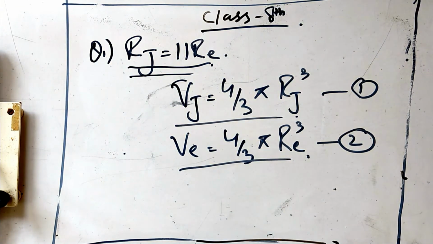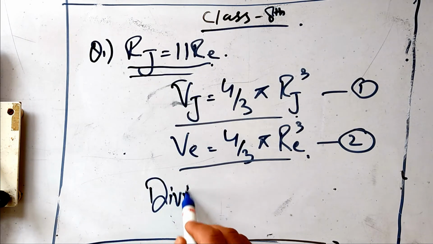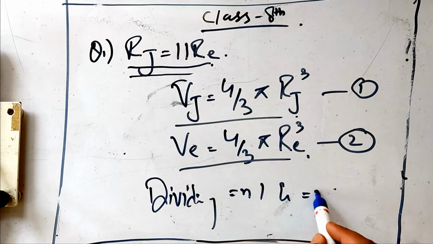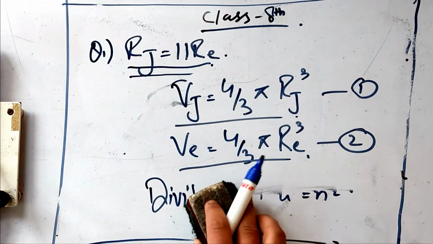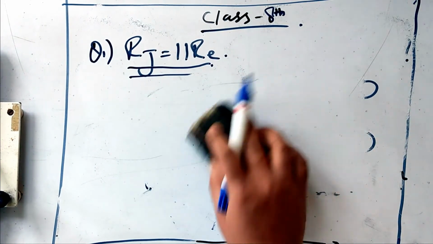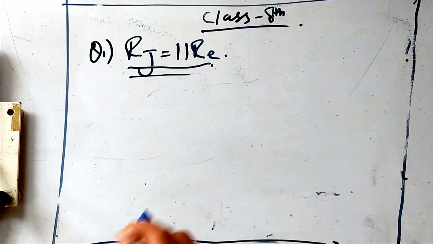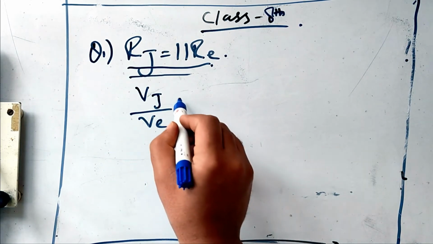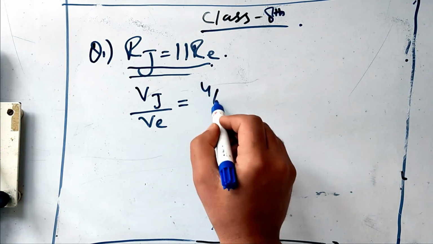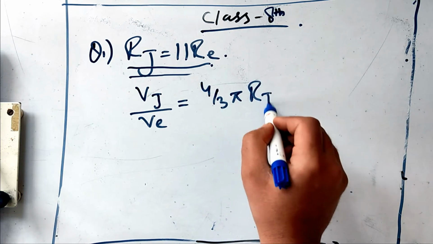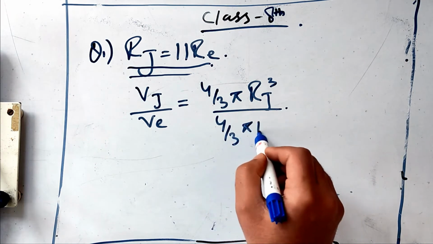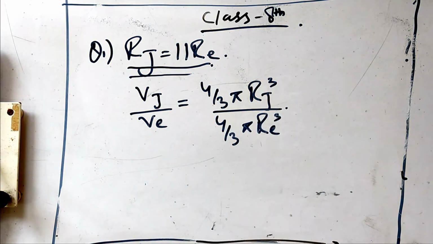So we have the two equations. Now we are going to divide equation 1 by equation 2. The volume of Jupiter divided by volume of Earth will be 4 by 3 pi radius of Jupiter cube divided by 4 by 3 pi radius of Earth cube.